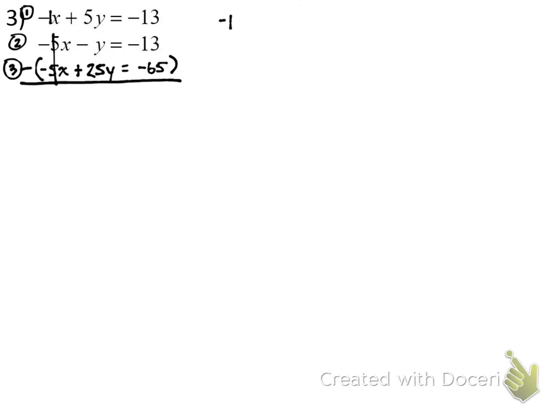Let's go -1 minus positive 25. Again, what is -1y minus positive 25y? Negative and positive becomes a what? Negative. So what's -1 minus 25? -26y.